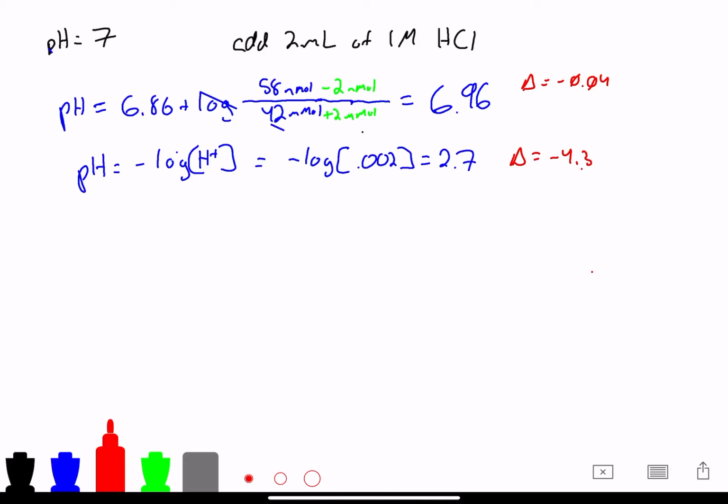So let's do another example with just the original equation here, but we'll add base to it this time. So starting with the same buffer solution, this time we're going to add 6 milliliters of 1 molar NaOH.